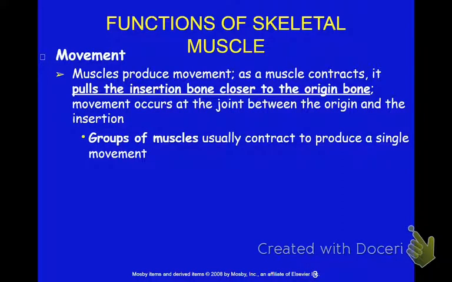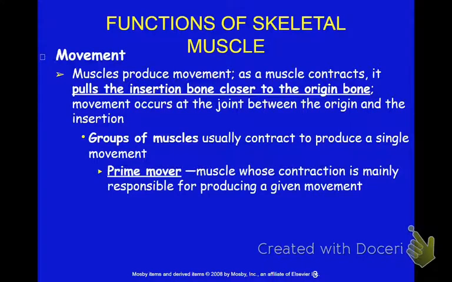Okay? So, muscles are going to be working in groups. The bicep muscle is the main muscle in that group. There are also lots of other different little muscles. So muscles work in groups. You have the main muscle, which is called the prime mover.